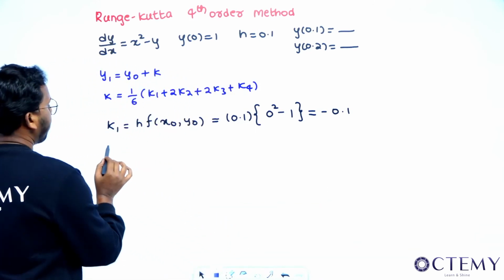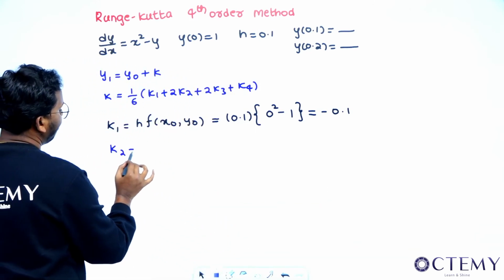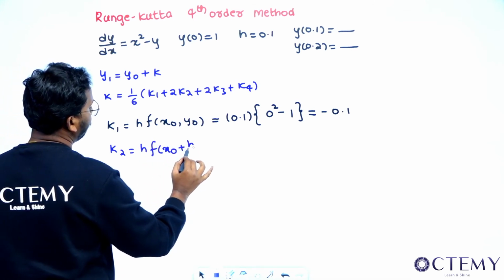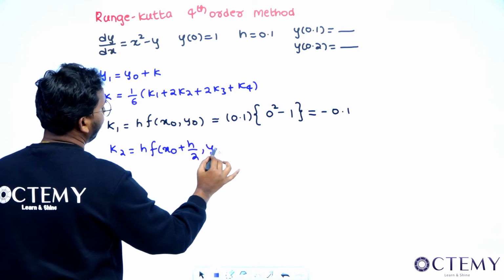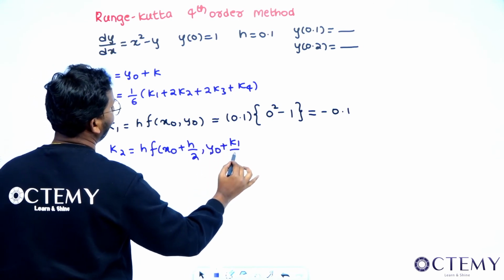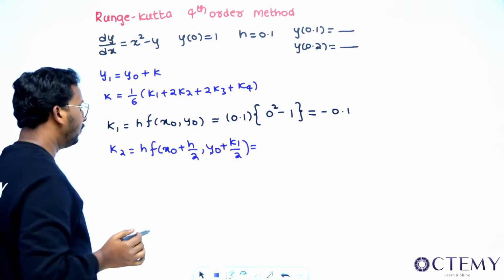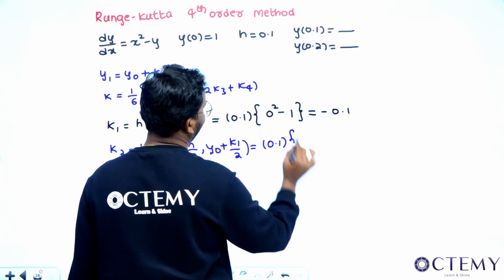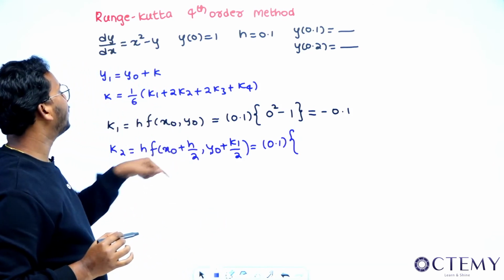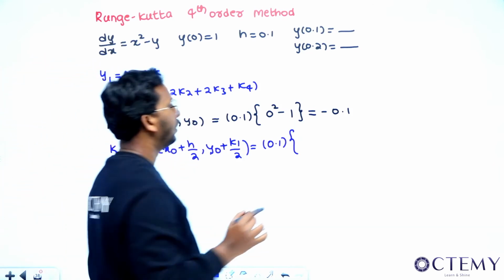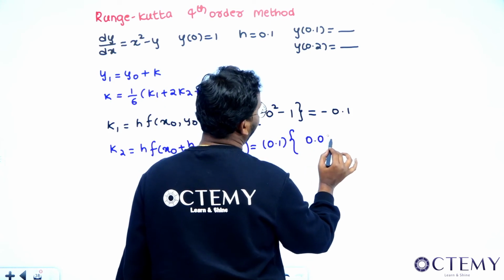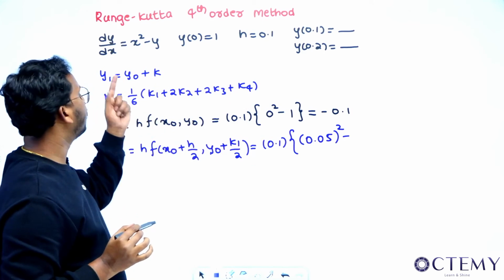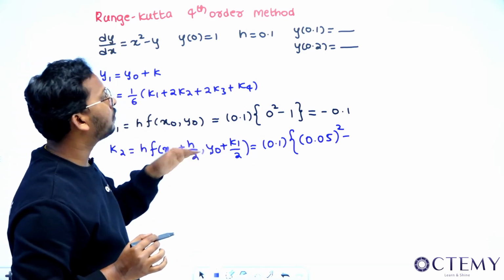Next, let us find K2, sir. K2 is equal to h into f of x0 plus h by 2, comma y0 plus K1 divided by 2. That will become 0.1 times, this is 0 plus 0.1 by 2, that is 0.05 square minus, what is the value of y? That is y0, 1 minus 0.1 by 2.